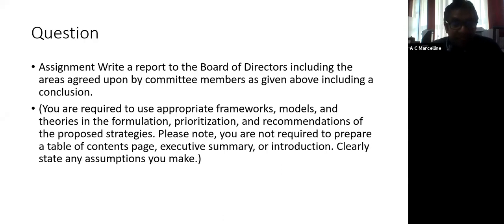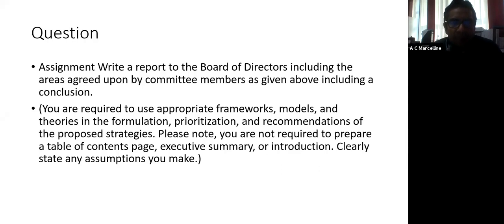With the 20 minutes, what I would do is go to the question and break this question into small pieces to understand what it is. Okay. It says assignment, write a report to the board of directors. To whom? To the board of directors, including the areas agreed upon by committee members as given above, including a conclusion.